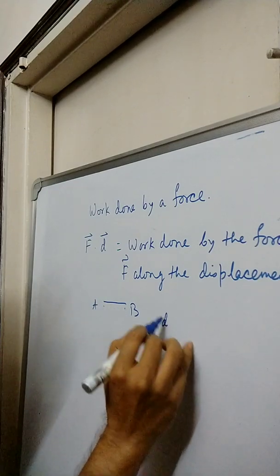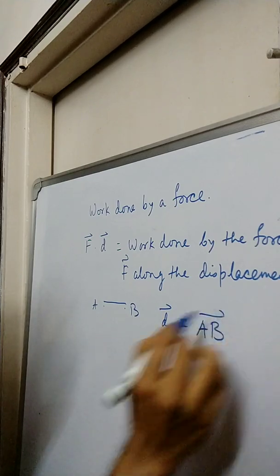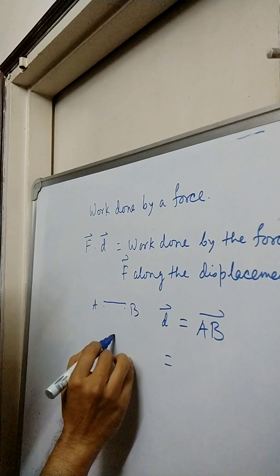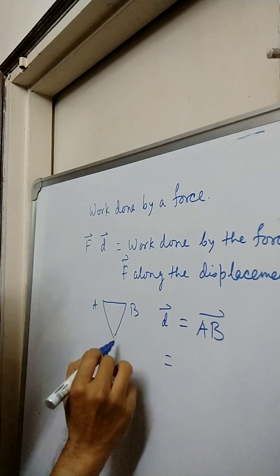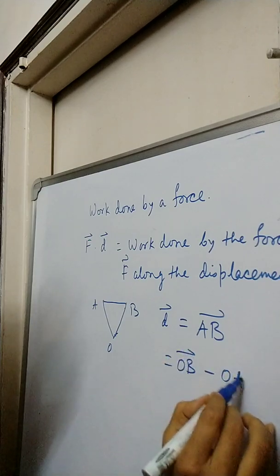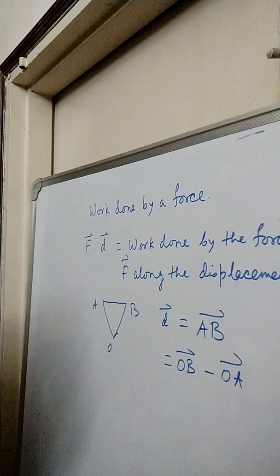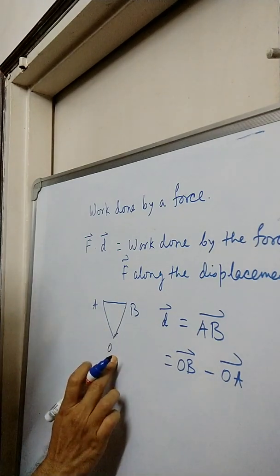Then D will be AB, and the vector AB will be calculated with respect to an origin as always OB minus OA. This is a very vital concept. These are the 2 points A and B. O is the origin.